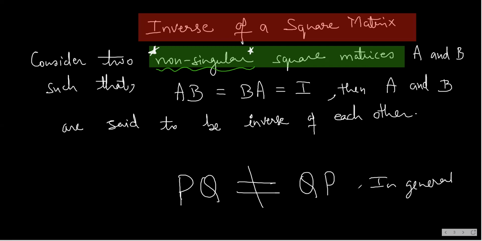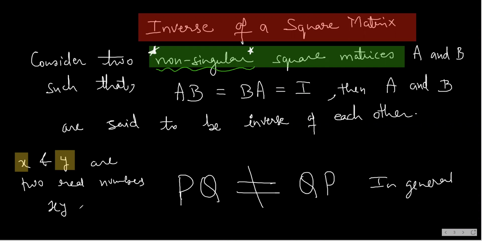Okay, so PQ is not equal to QP in general. See, for example, suppose I say X and Y are two real numbers. They are real numbers, they are not matrices, please. Now, what do you know about them?